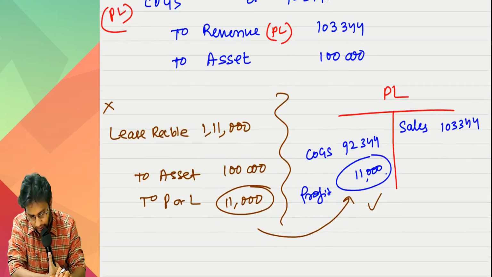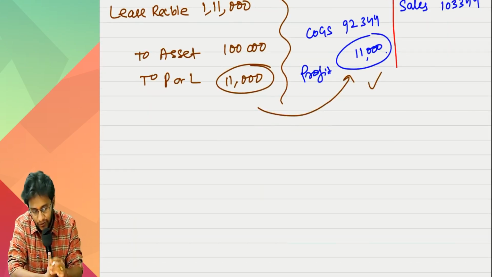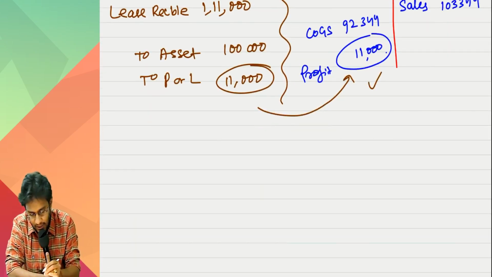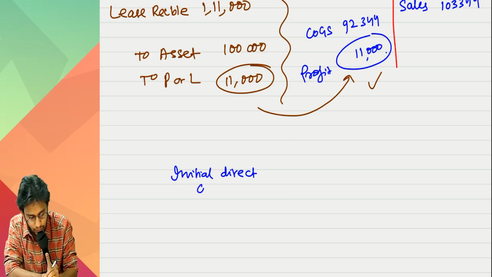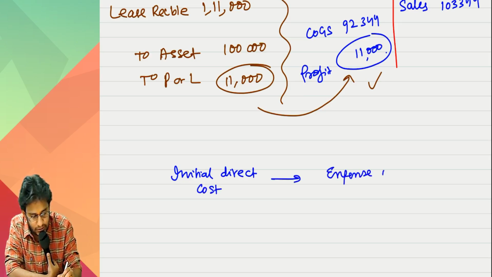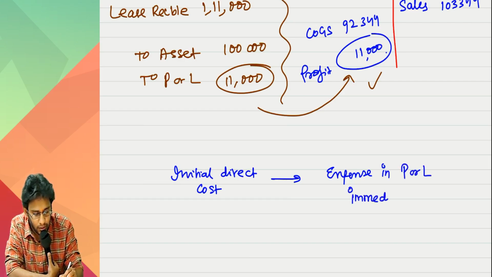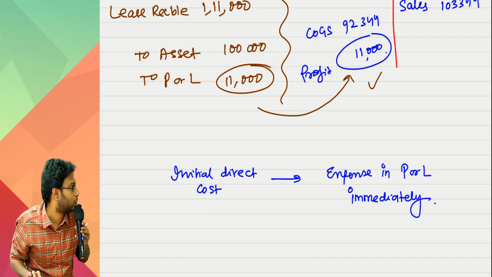So guys, continuing after this manufacturer dealer finance lease case, in this one more point is there. Any initial direct costs are thrown off as expense in P&L immediately.